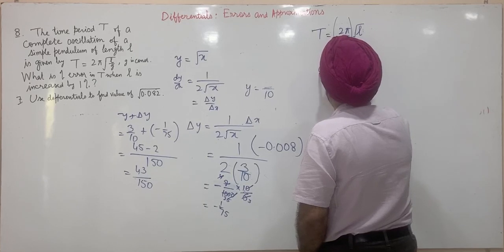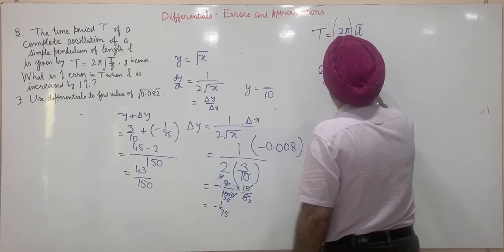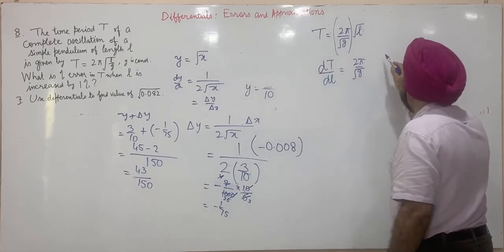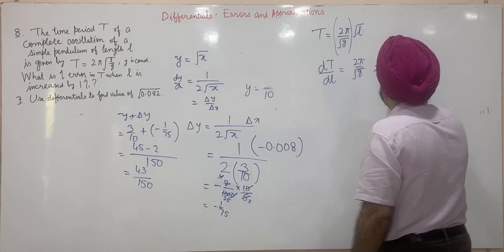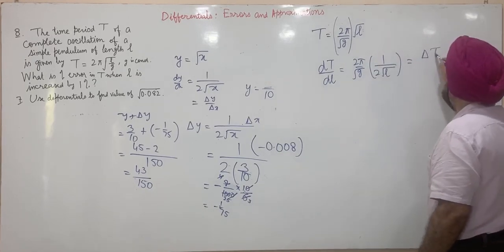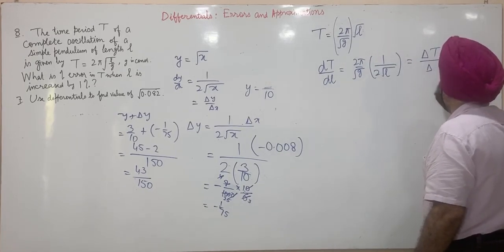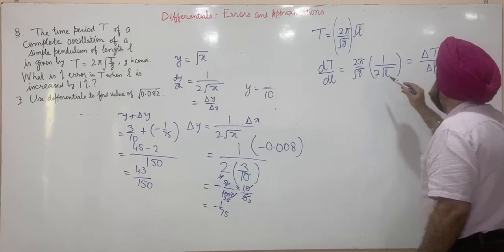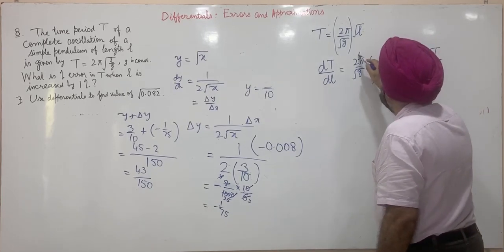We can differentiate t with respect to L. The constant stays outside, and the derivative of root of L is 1 by 2 root of L. And this is the same as delta t by delta L. This 2 will cancel out.